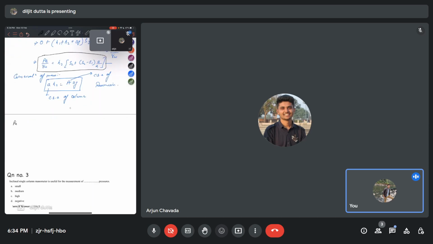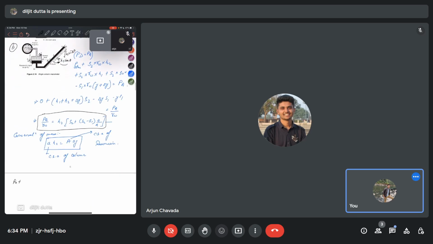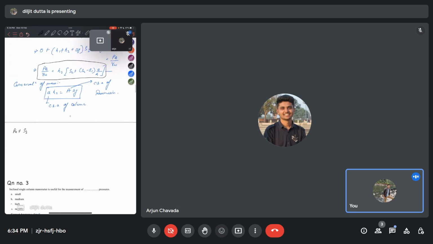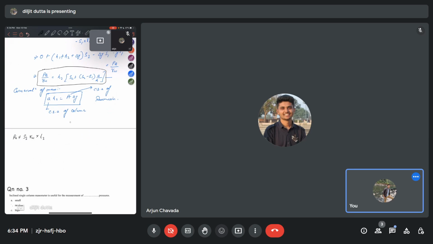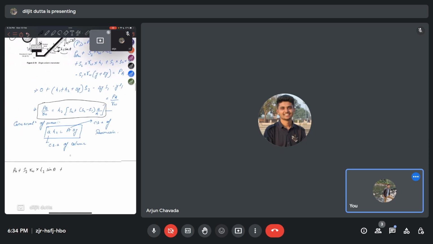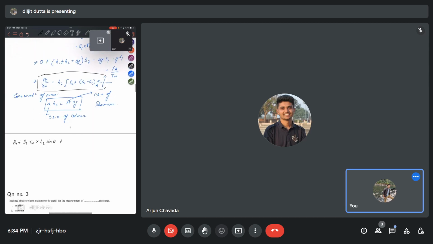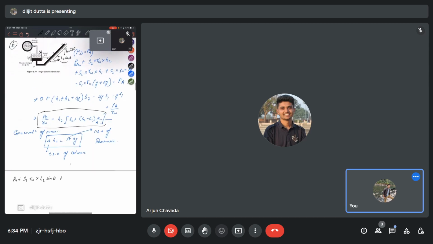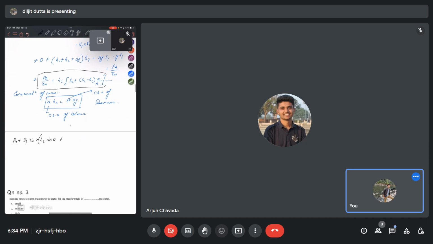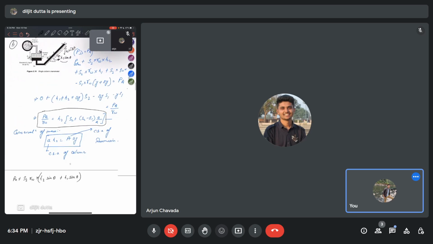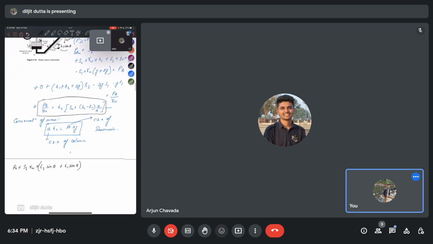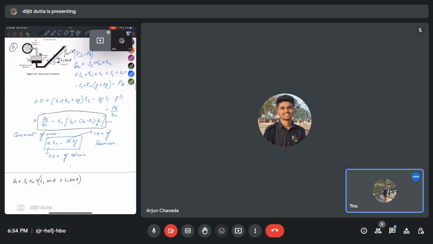So P atmosphere plus S2 gamma W into H2 sin theta plus H1 sin theta, rest.